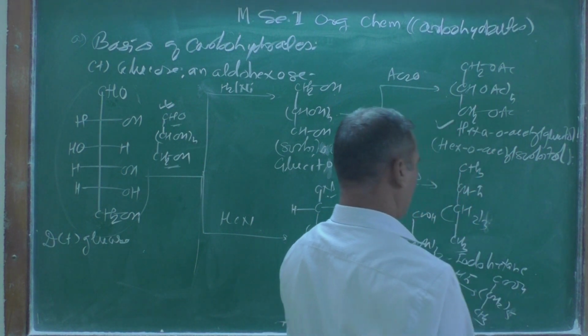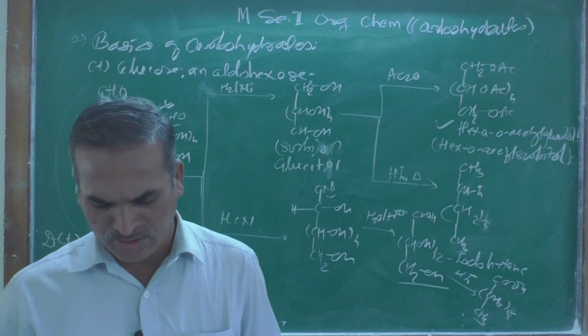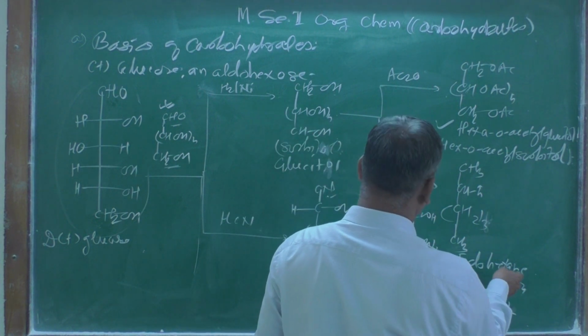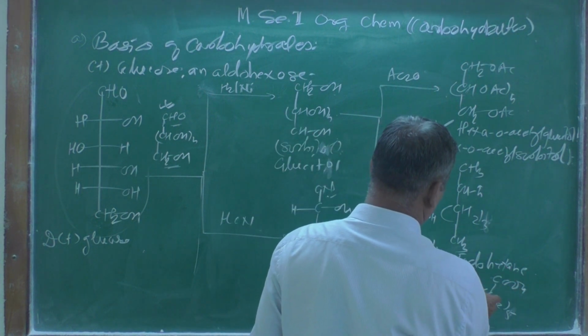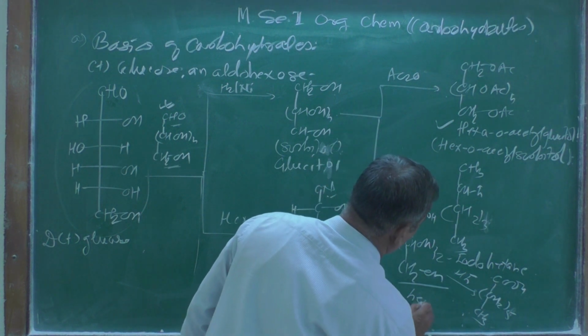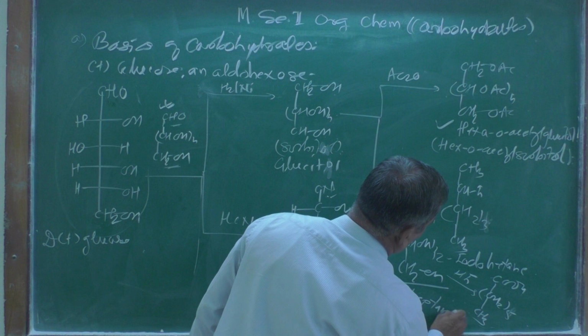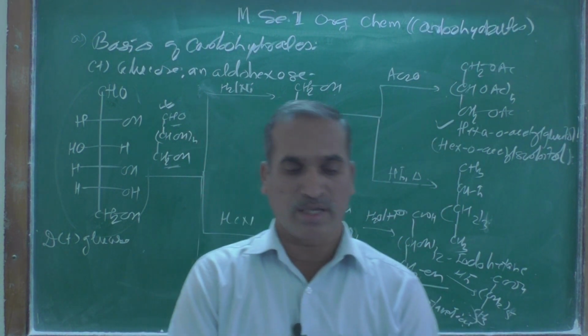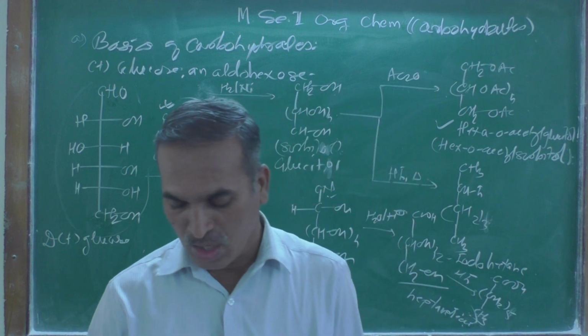That compound is called heptanoic acid. Hept means 7 carbon atoms in the chain, 1, 2, up to 7, heptanoic acid. That is the compound we are getting here.